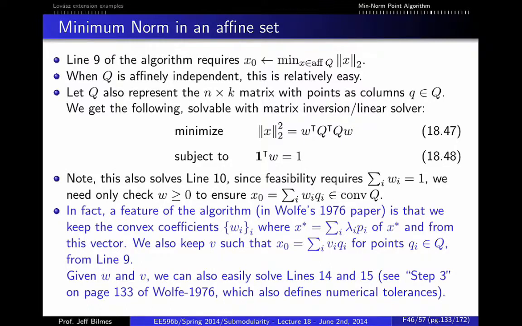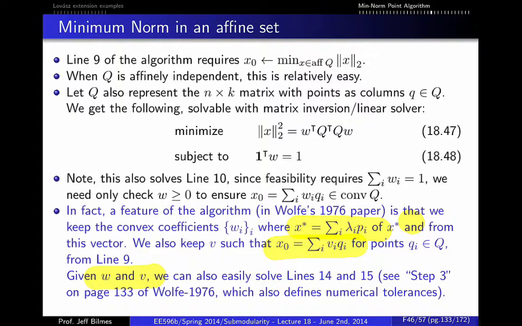Now I also want to address lines 14 and 15 here. We're always representing x star by convex or affine coefficients, and x naught as well with V. So we've got W and V. W is the coefficients for x star, and V are the coefficients for x naught.